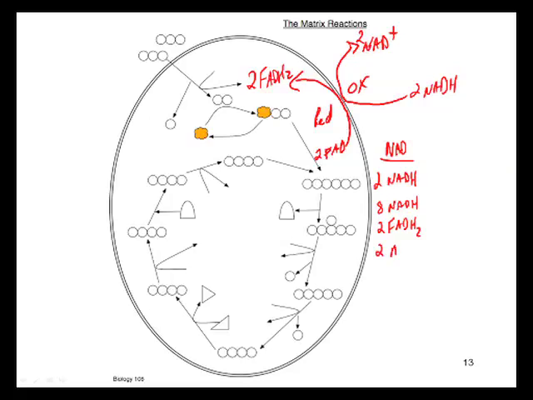And we have 2 ATP from the citric acid cycle, and we have 2 ATP from glycolysis. So we know that the 10 NADHs and the 2 FADH2, along with our 4 ATP, is equivalent to 38 ATP, right?